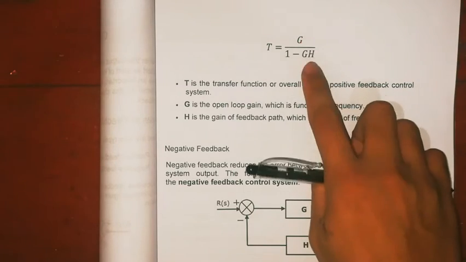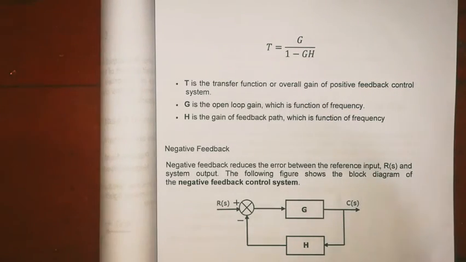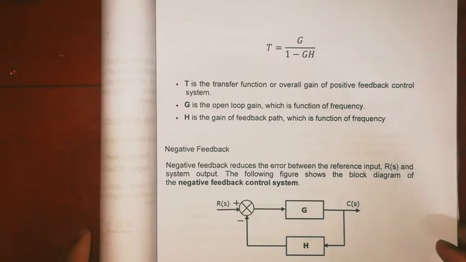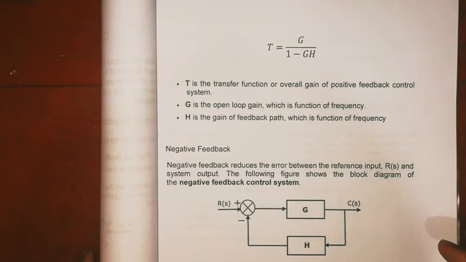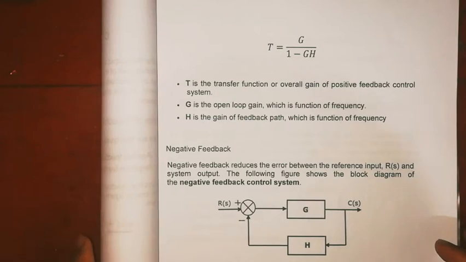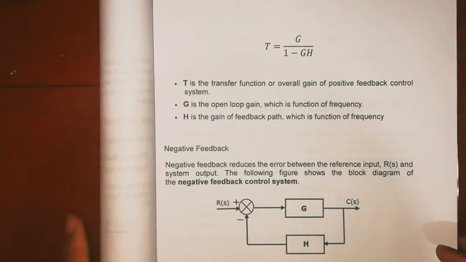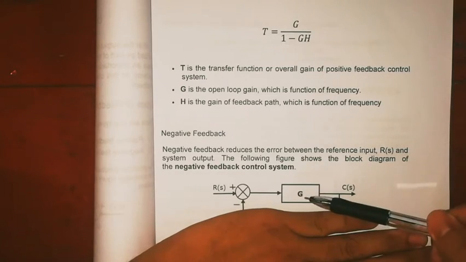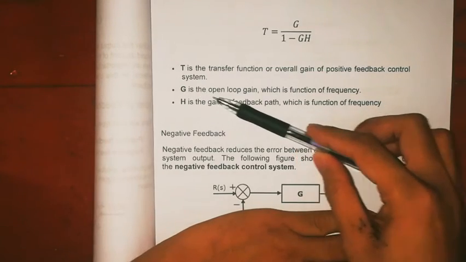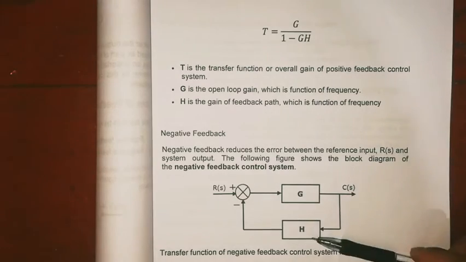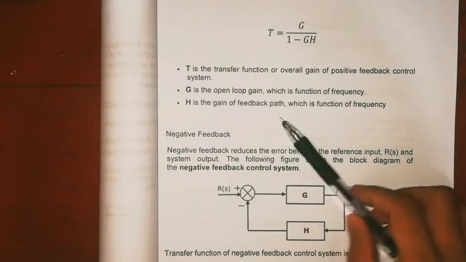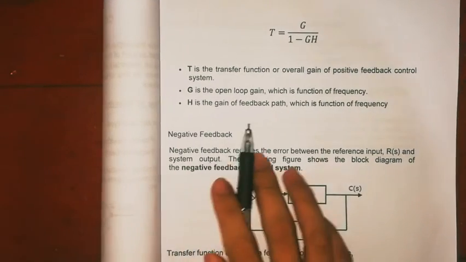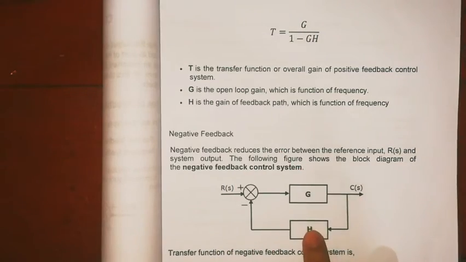So para itong frequency, yung G saka H. So ito, pag tinanggal natin to, yan na yung loop gain. G, loop gain. Well, yung H is the feedback path. H is the gain of feedback path.